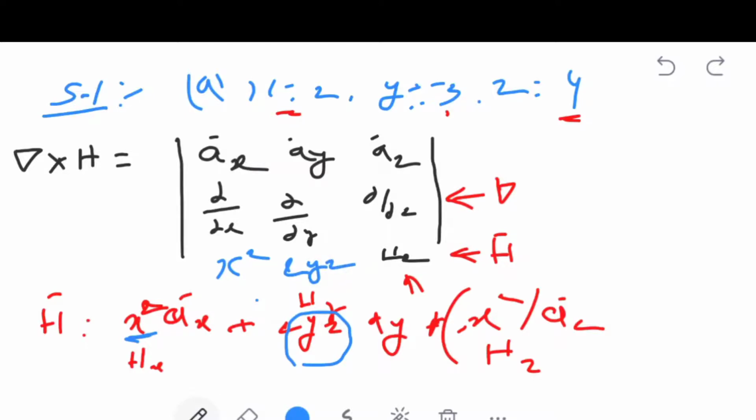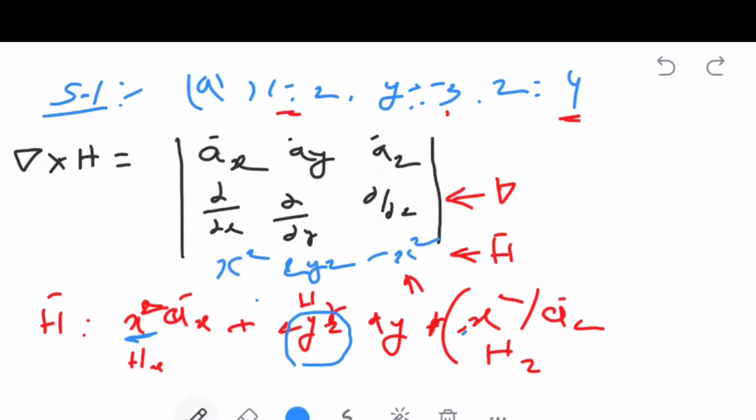Not only this problem, you can do any numerical problem if you know the basics. In place of hz we substitute minus x square.